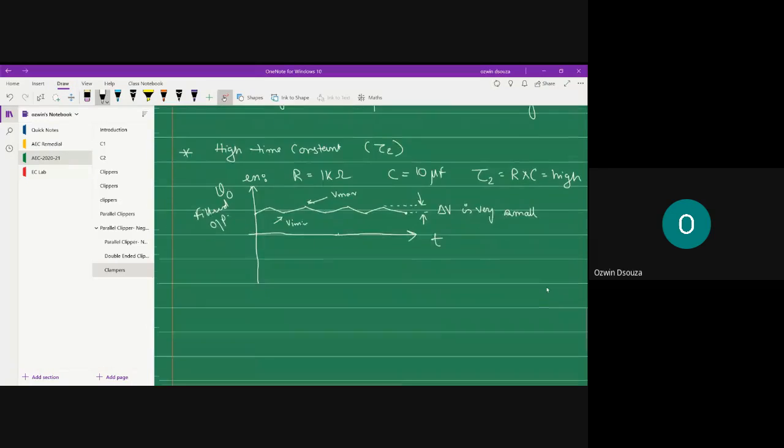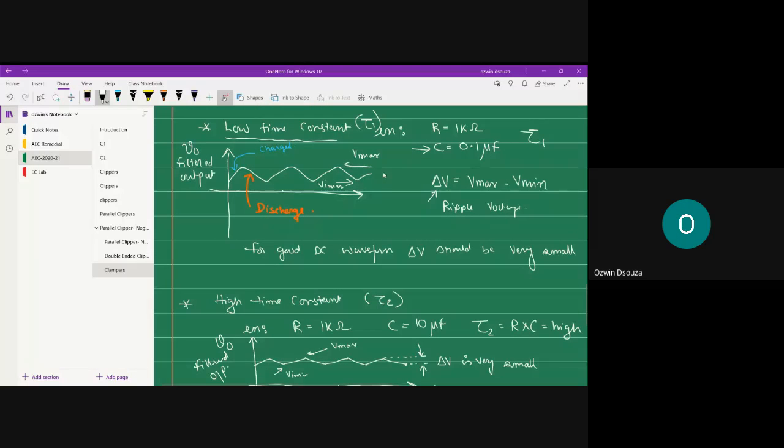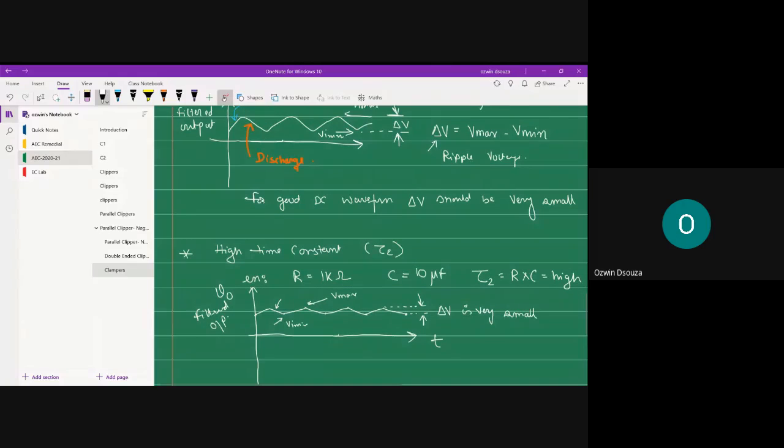Earlier it was very bad. So this was your delta V. Now, you have reduced it to a smaller value. That's because the capacitor is getting discharged only to some extent. In the previous case, the capacitor was getting discharged to a larger extent. Now it is getting discharged to a smaller extent.